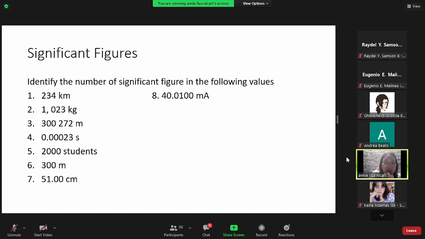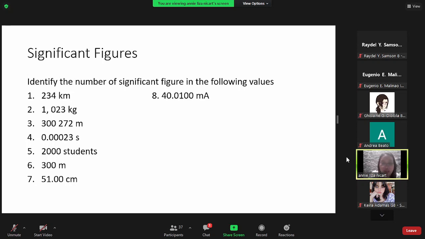And when there is a decimal point after a non-zero digit, so the zero is significant.